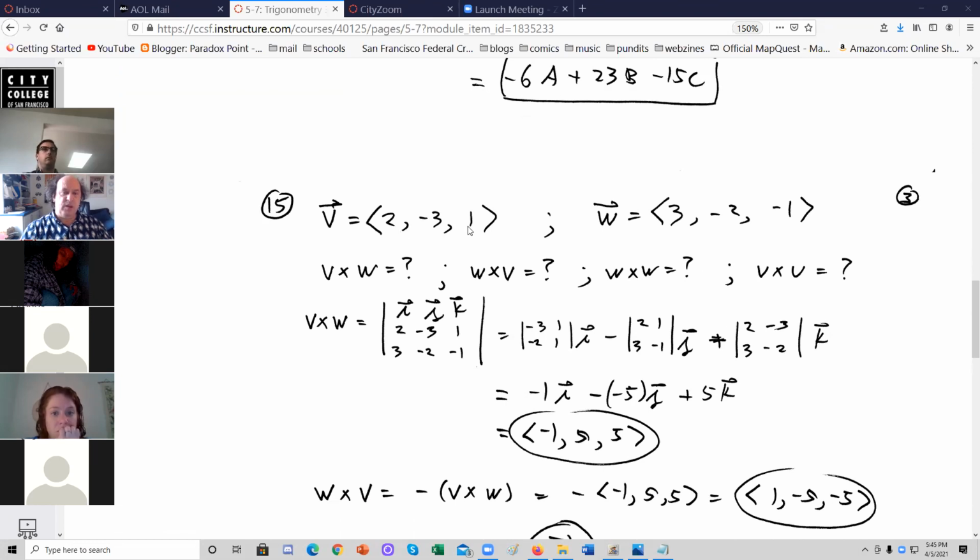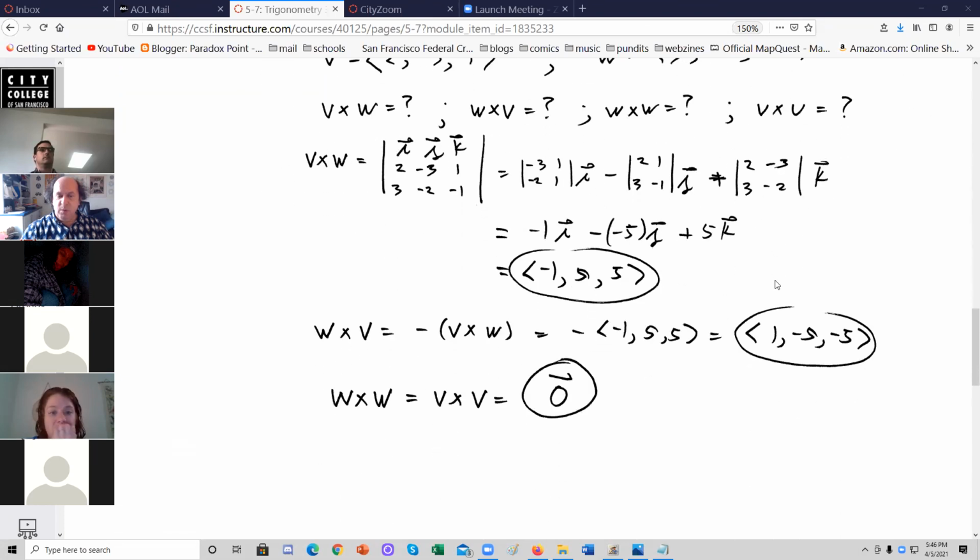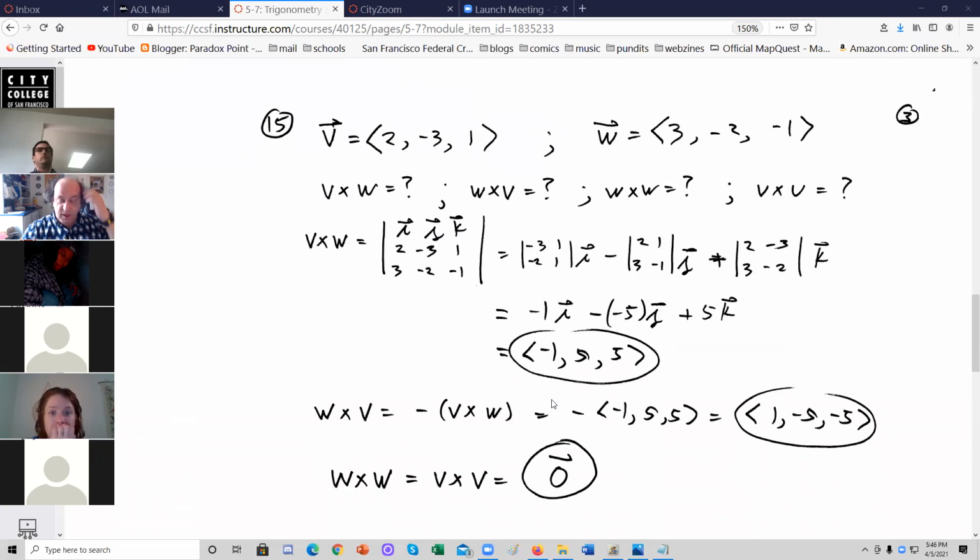V is 2, negative 3, 1, W is 3, negative 2, negative 1. What are the cross products V cross W, W cross V, W cross W, and V cross V? Okay, these last two, W cross W and V cross V, are both 0. That's sort of the definition of how cross product works for a thing with itself. For V cross W, we put 2, negative 3, 1, and 3, negative 2, negative 1 for the second and third rows, and i, j, k for the first row.